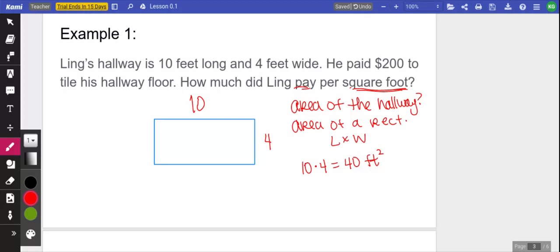So I'm going to take my price, which is $200, and I want to know per, so divided by each individual foot. When I take 200 divided by 40, I get $5 per square foot.